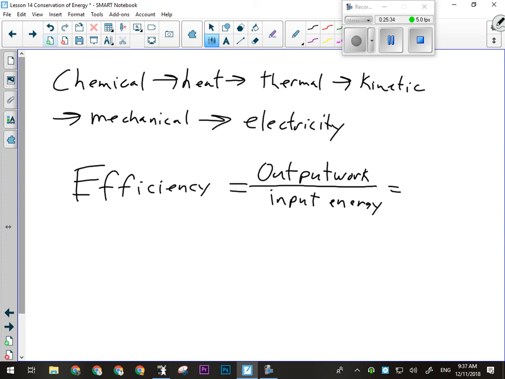So it'll come out to a decimal. If it comes out to 0.85, how efficient is it? 85%. So efficiency is easy to calculate. For our lab, we would take the kinetic energy at the bottom of the ramp, divide it by the potential energy at the top of the ramp, and we'll have the efficiency of the conversion from the top of the ramp to the bottom of the ramp.